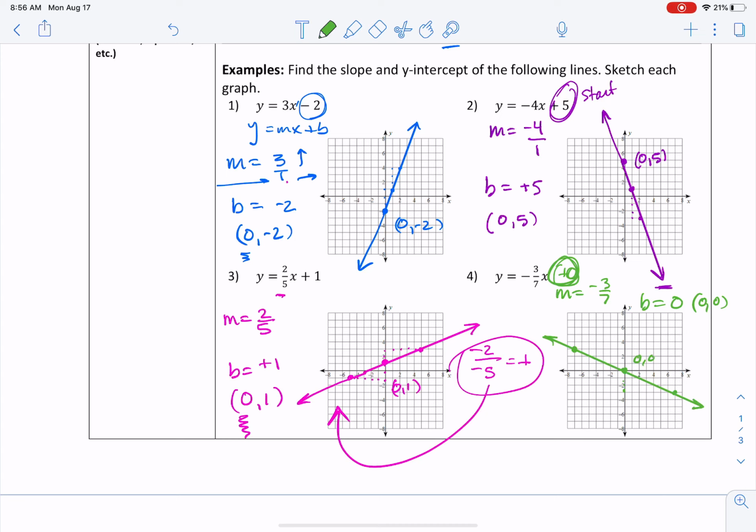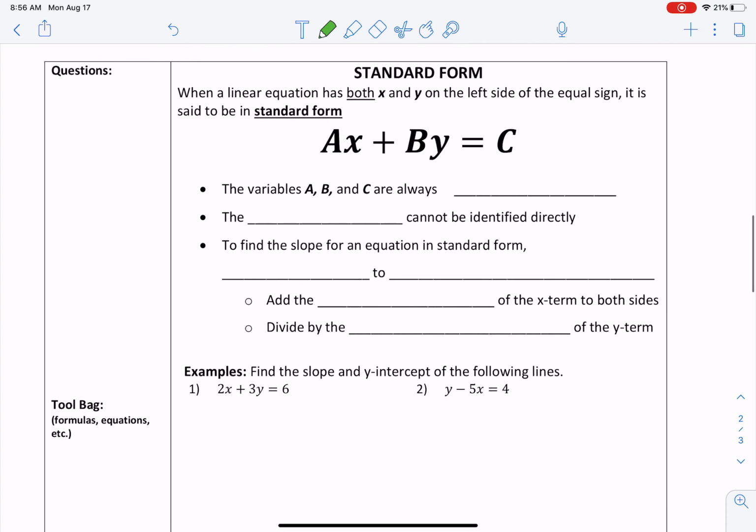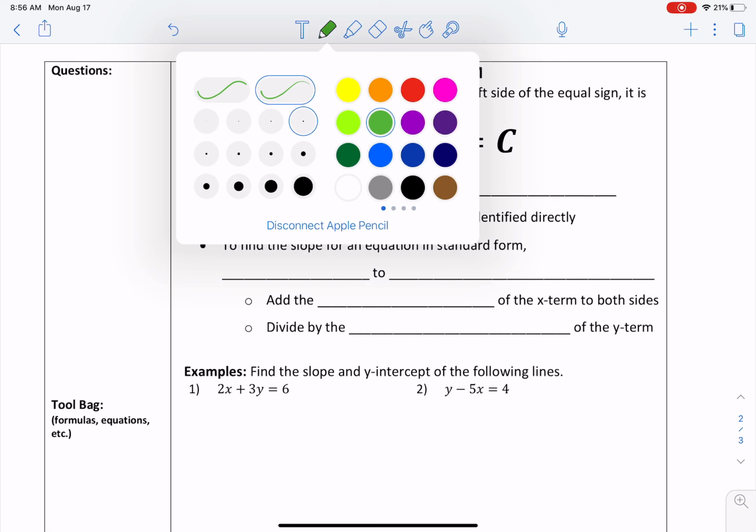And that's through the point 0, 0. So that's all we're doing, is identifying the slope and then identifying the y-intercept and being able to graph the line correctly. Now, what happens when it is not in pretty slope-intercept form?